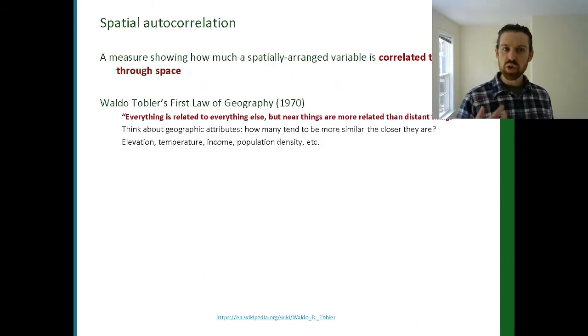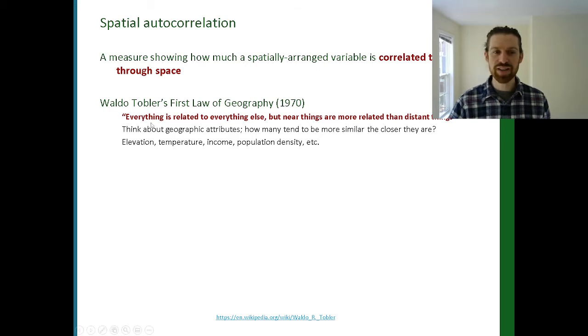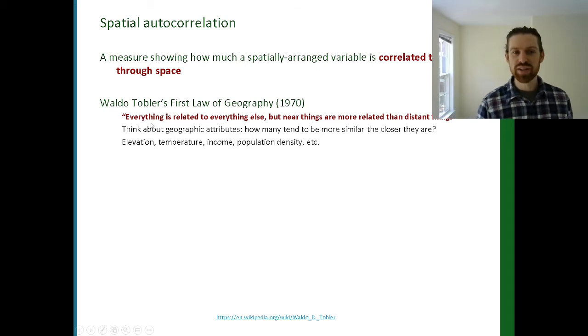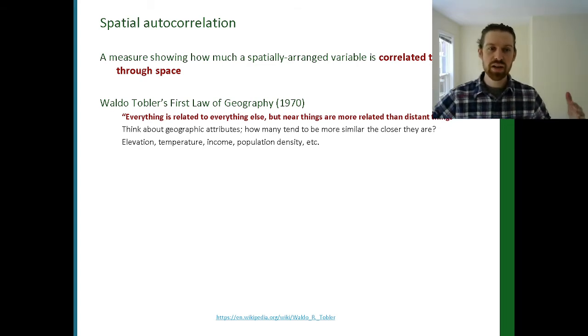So this is actually called Tobler's first law of geography, okay? That's essentially saying that places that are closer to each other are more likely to be correlated with each other. And the classic phrase that everyone always raises is that Tobler's first law of geography is that everything is related to everything else, but nearer things are far more related than distant things, okay? So this underpins the description that I gave you previously.